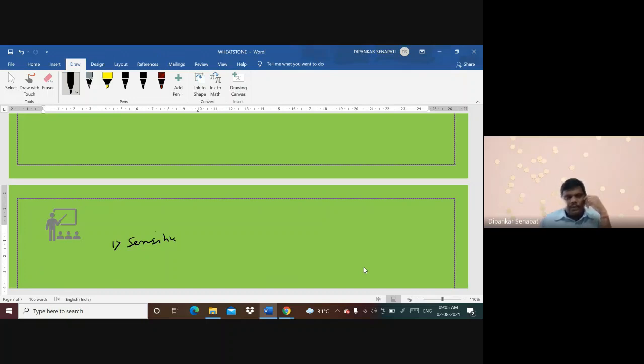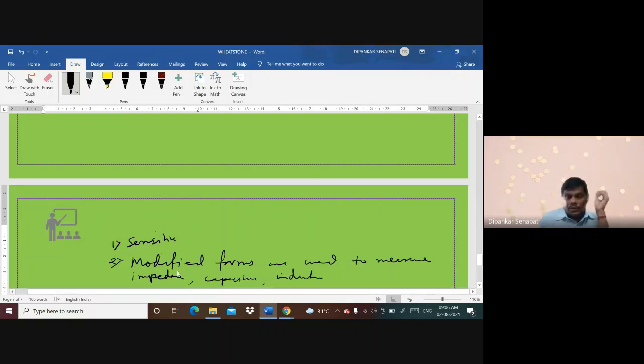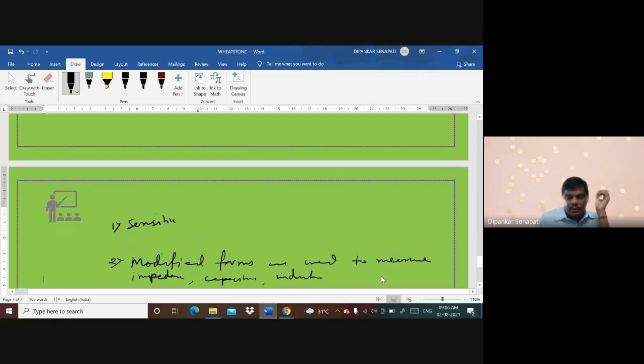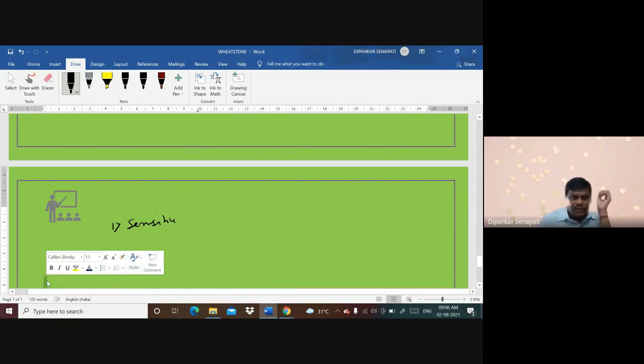And it can be modified; modified forms are used to measure impedance, capacitance, inductance, etc. One of the modified forms is, for example, Anderson bridge, and then Wien's bridge, and then Maxwell's bridge.